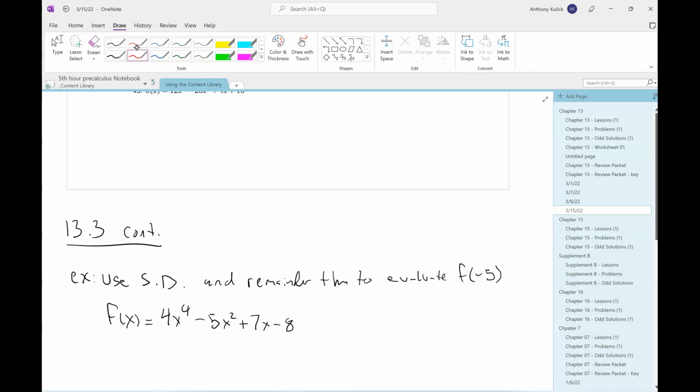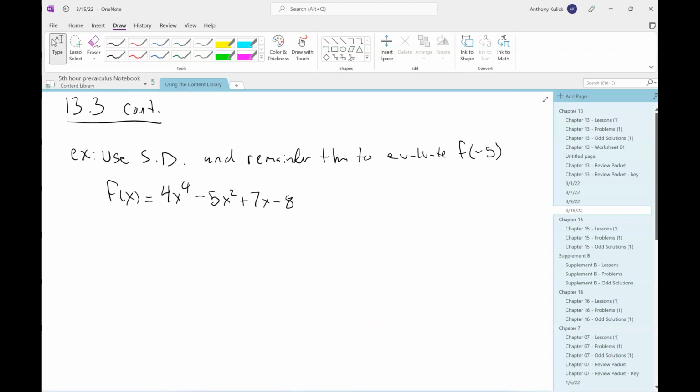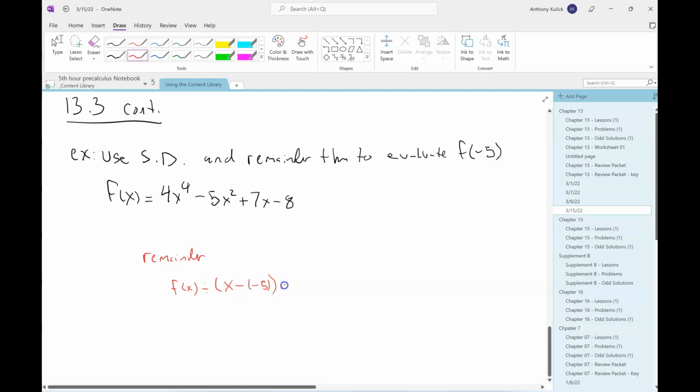So let's talk through how we're using the remainder theorem and synthetic division to do this. The remainder theorem tells us that if I take f of x and I divide it by x minus -5, that's going to give me some quotient plus some remainder over that x minus -5.